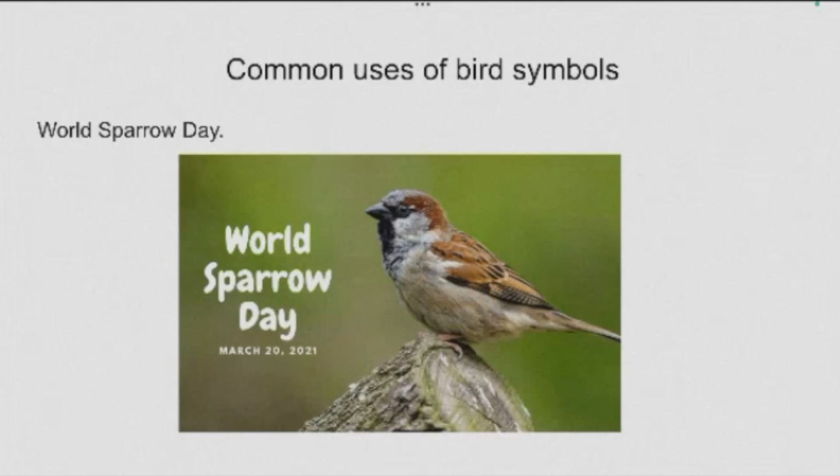Yet another commonly used symbol is the symbol of a dove, a white dove, which is associated with the concept of peace and pacifism. And they often appear on the banners and signs at events promoting peace, such as in the Olympic Games.